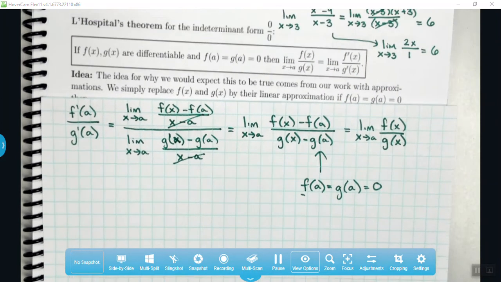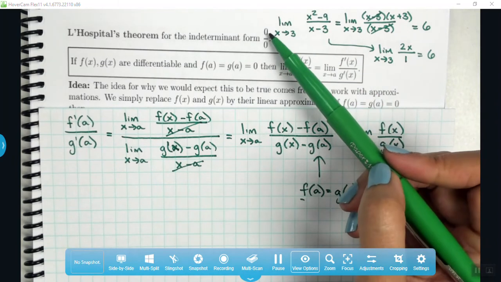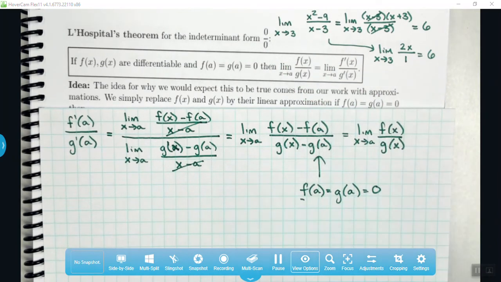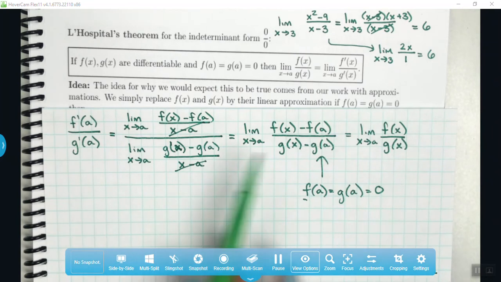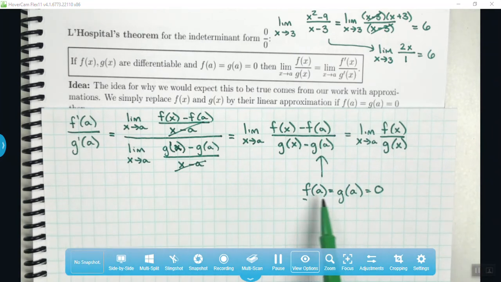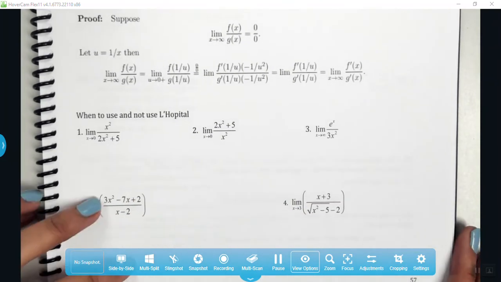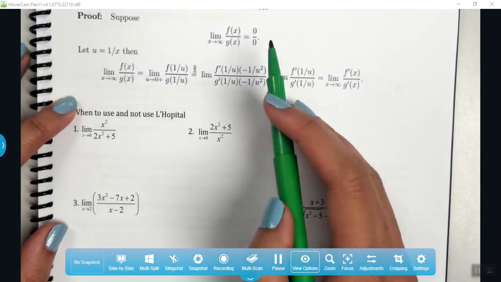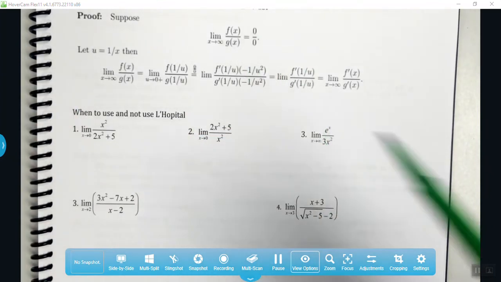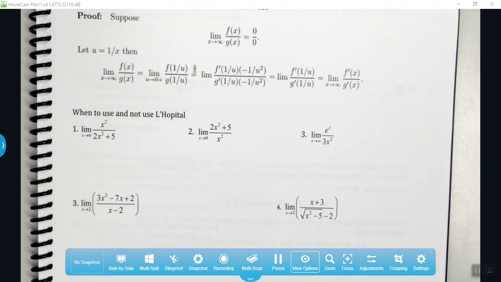So that's why we have to prove that f of a equals 0 and g of a equals 0 in order to use L'Hopital's, because this is only going to work if both of these are 0. That's why you have to do the proof before you do it. Also it works for infinity over infinity because it ends up being 0 over 0 again. So infinity over infinity is another indeterminate form.